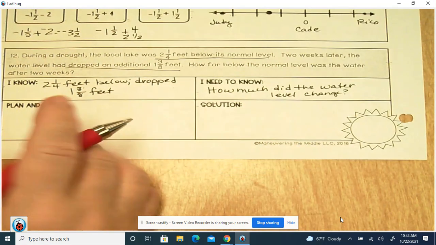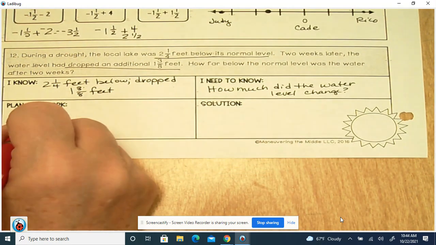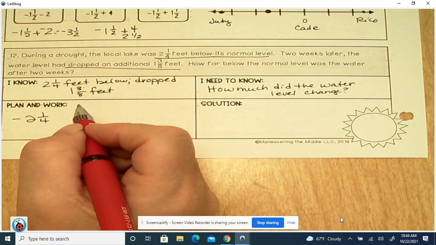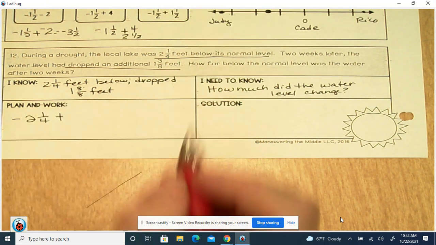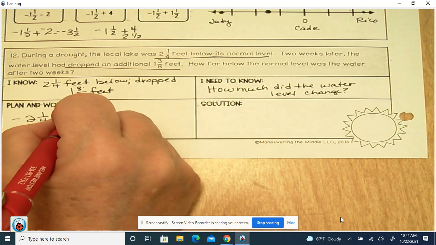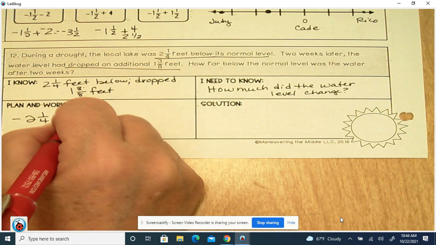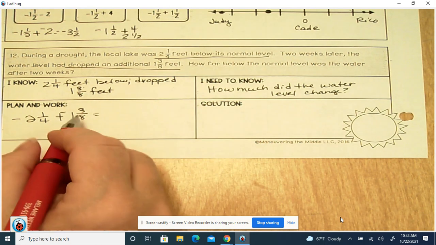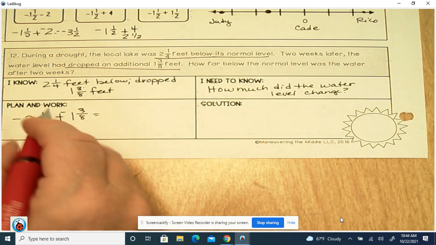So if we work that out, we've got a negative 2 1/4. And then we're going to add, because we want to know how far it dropped or how much it changed, which is a negative 1 and 3/8. The common denominator between 4 and 8 is 8.